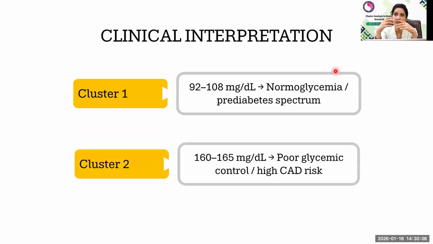And then there is another cluster, like 160 to 165, which is poor glycemic control and which have a high CAD risk. So this will be the clinical interpretation of the two clusters.